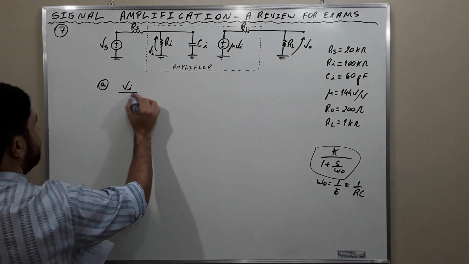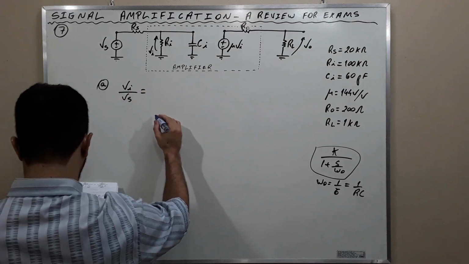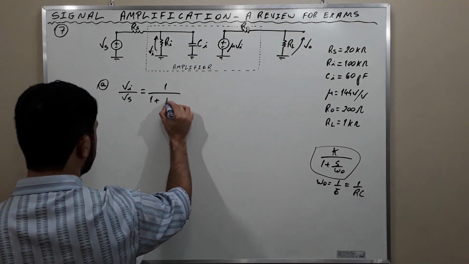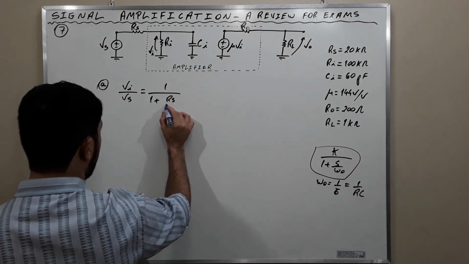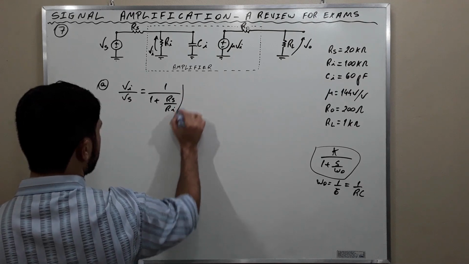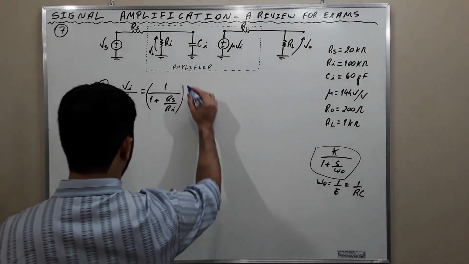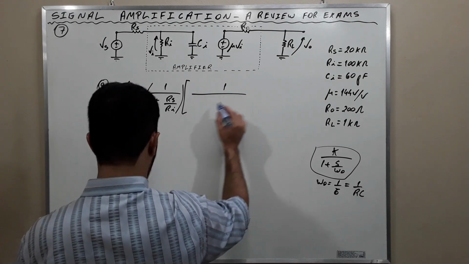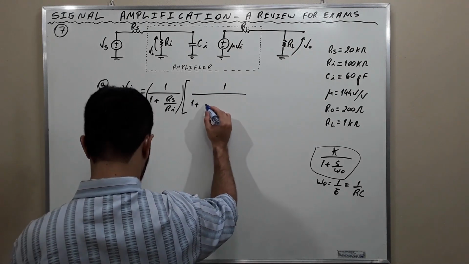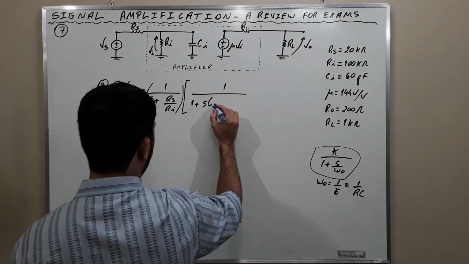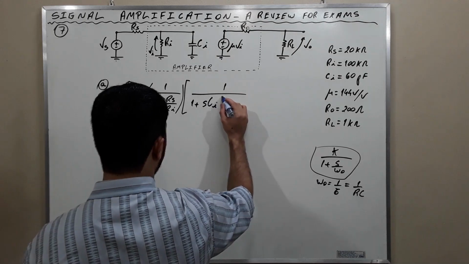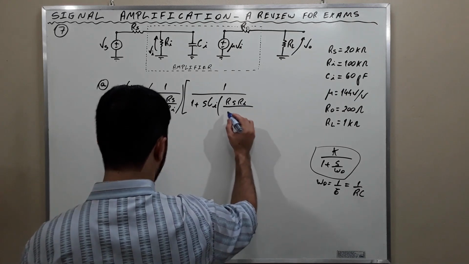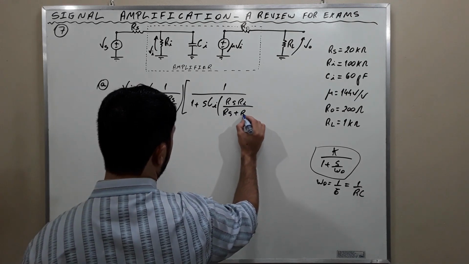Vi over Vs is equal to 1 over 1 plus Rs over Ri times 1 over 1 plus S Ci Rs Ri divided by Rs plus Ri.